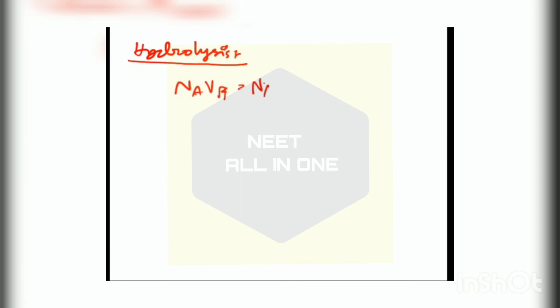So the last thing remaining here is hydrolysis. So let's go for that. Now to do hydrolysis, there has to be a criterion, that NAVA has to equal NBVB.